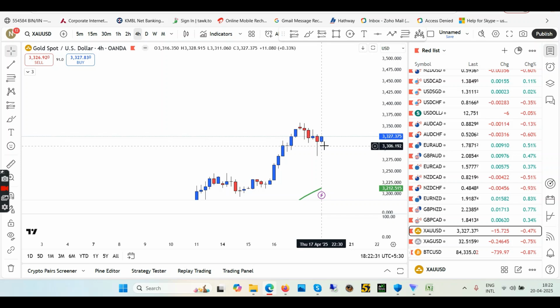It was a long wick here, and the buyers came into the market and pushed the candle upwards. So gold went down until here, but buyers came and pushed it up, okay? And after that, we had the blue candle, right? So if you see, the red candle opened at 3328 and the blue candle closed at 3327.